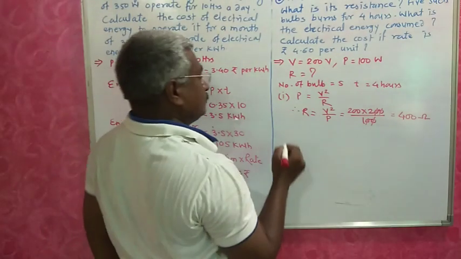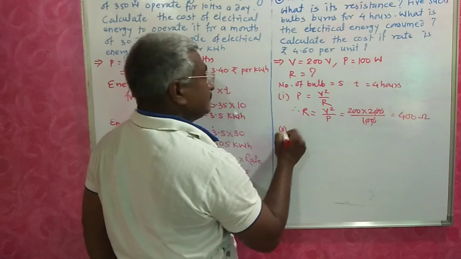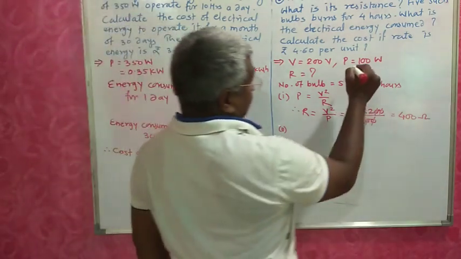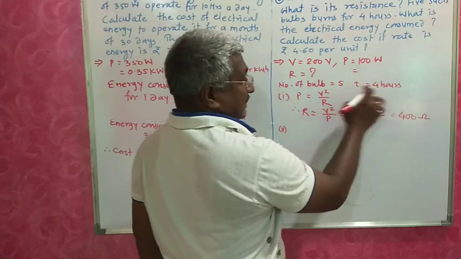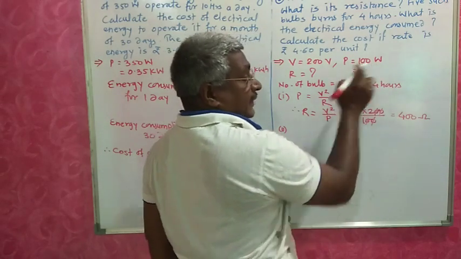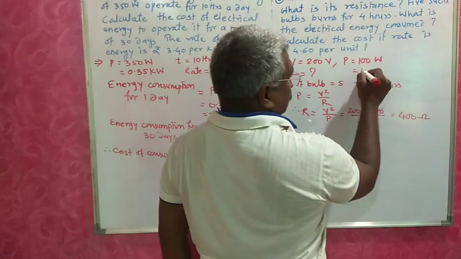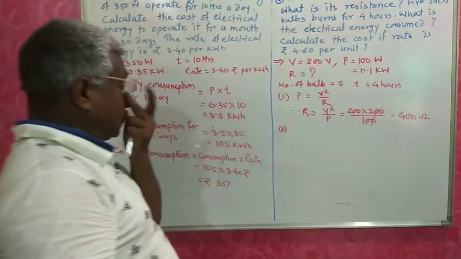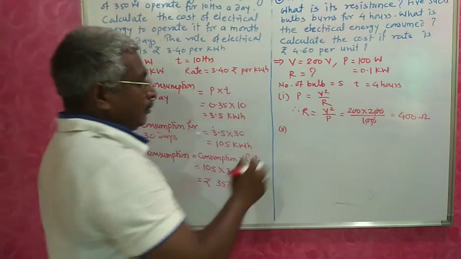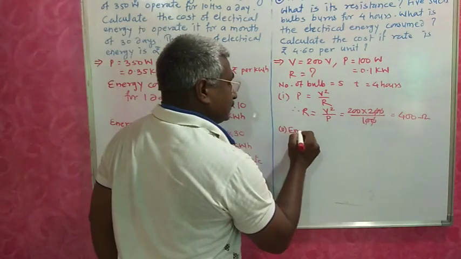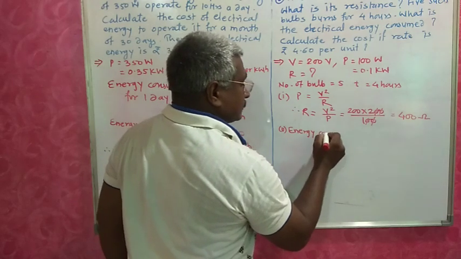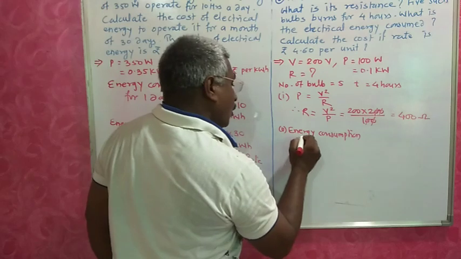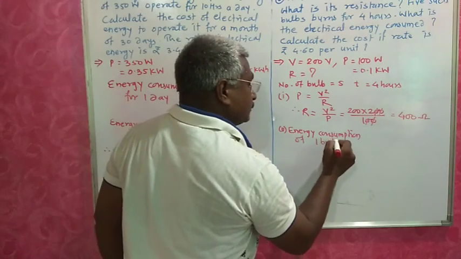Now second, energy consumption. So the power has to be converted, because time is given in hours. So power should be in kilowatt. So 0.1 kilowatt. So this is the power. Now energy consumption of one bulb.